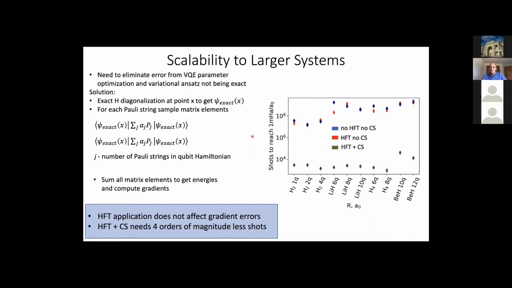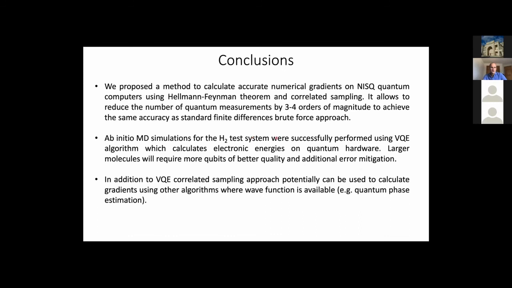And with that, I'd like to conclude. We presented a method to calculate accurate numerical gradients on modern quantum hardware using the Hellmann-Feynman theorem and correlated sampling. It allows us to significantly reduce the number of measurements, by orders of magnitude, to achieve the same accuracy as a standard finite differences approach.